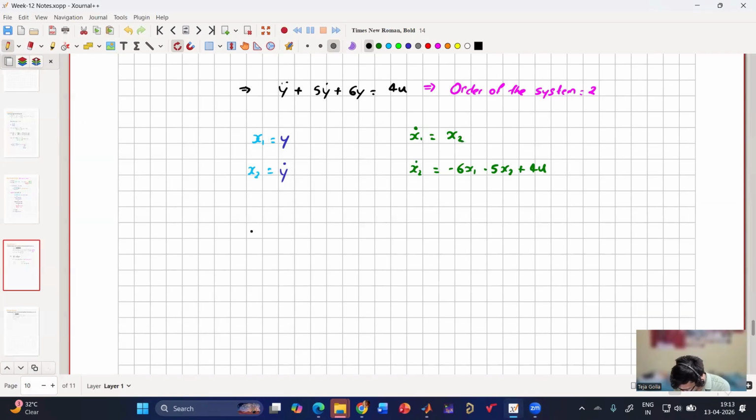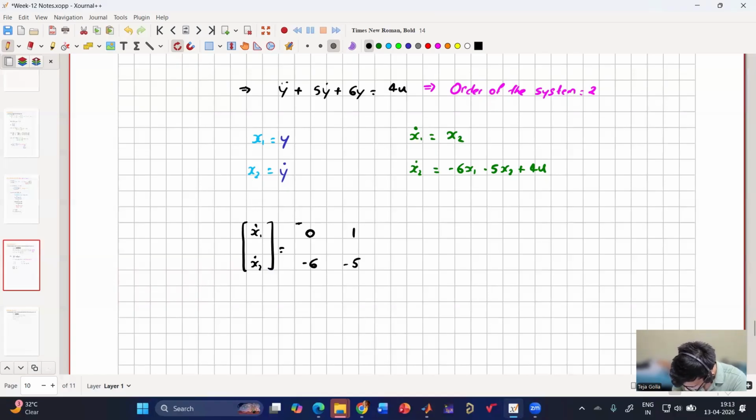So now we'll write the state space representation. So we have x1 dot, we have x2 dot. X1 dot is x2, so we'll have 0, 1. X2 dot is having minus 6 and then minus 5 into x1, x2 plus 0 and then 4.